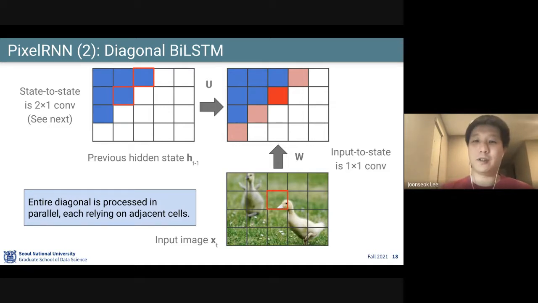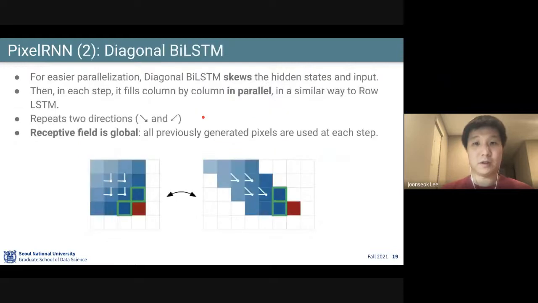So what they did is, I wrote that somewhere. They repeat this in two directions. Starting from the left top to the right bottom once, and then right top to the left bottom, and they repeat this alternatively.